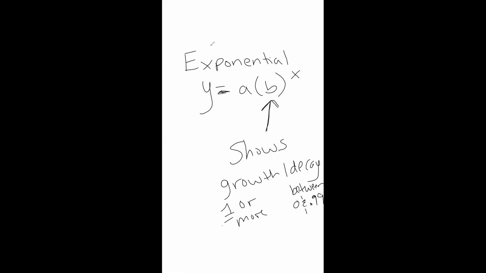If we had y equals 12 times 0.89, that's like saying 89 cents. So 89 cents is less than $1. So this is a decay. I like to think about it like money because everybody knows money usually, so it's kind of easy to think of it like that.